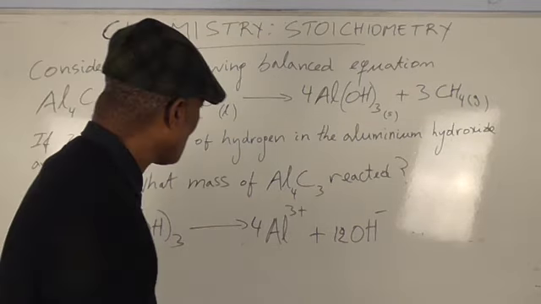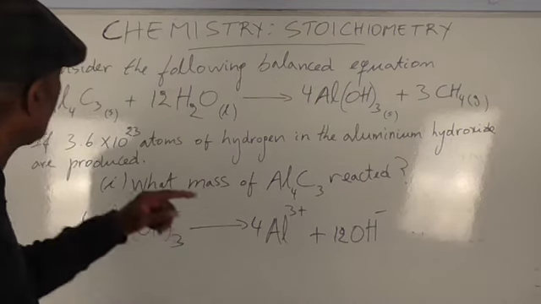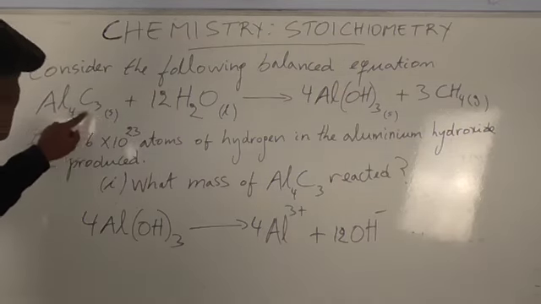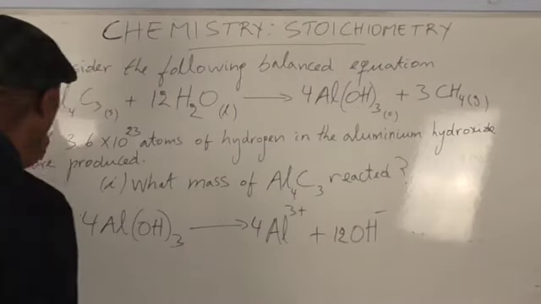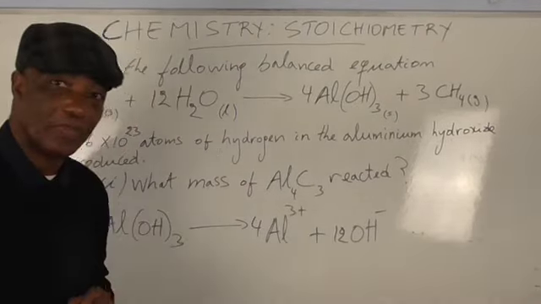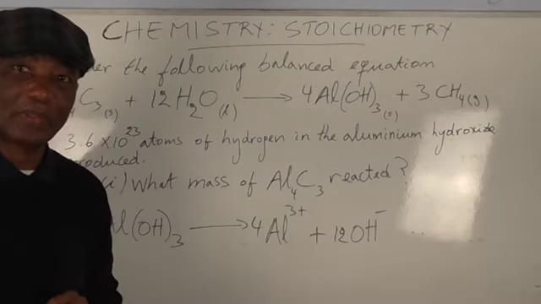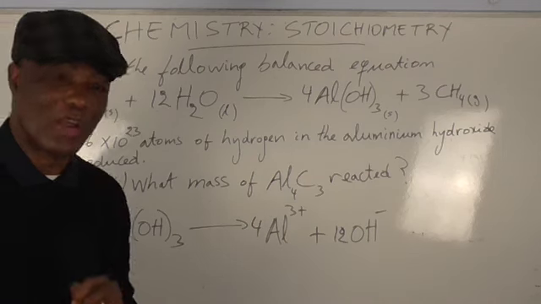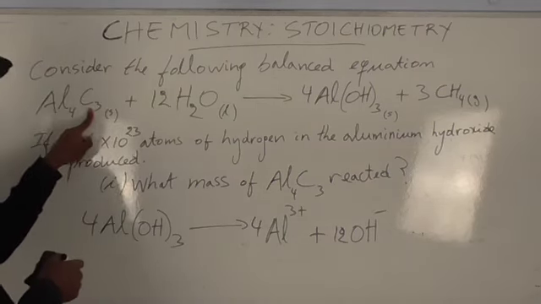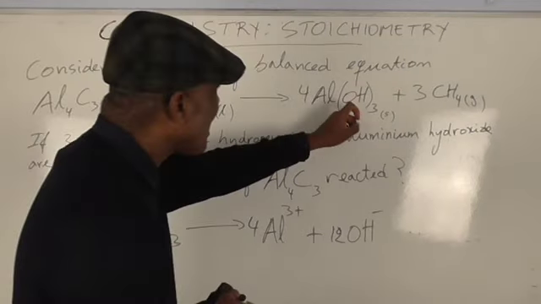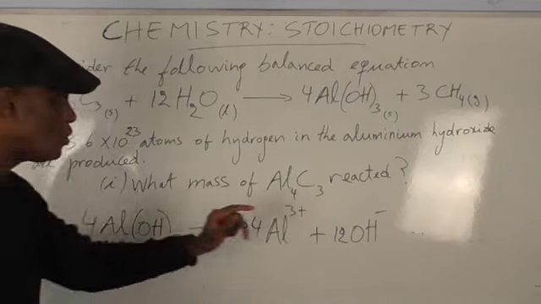Okay, so we see that the ratio between aluminium carbide and hydrogen here is 1 to 12. So the ratio between aluminium carbide here and hydrogen over there is 1 to 12.